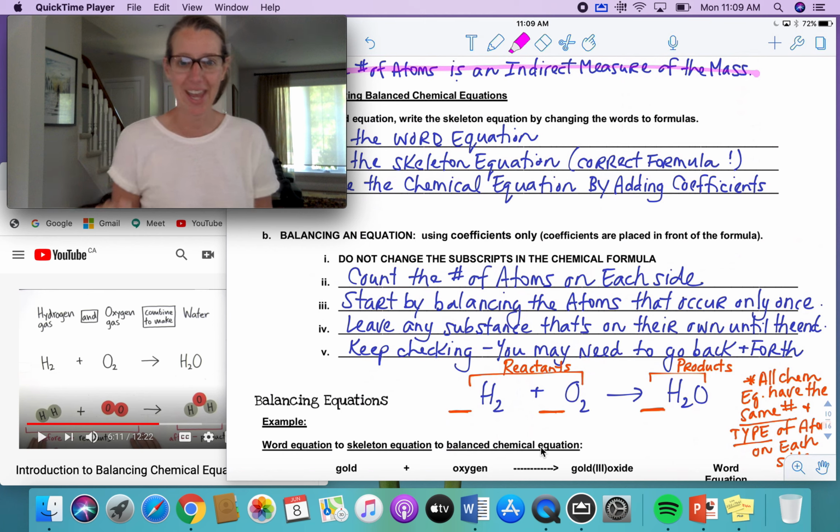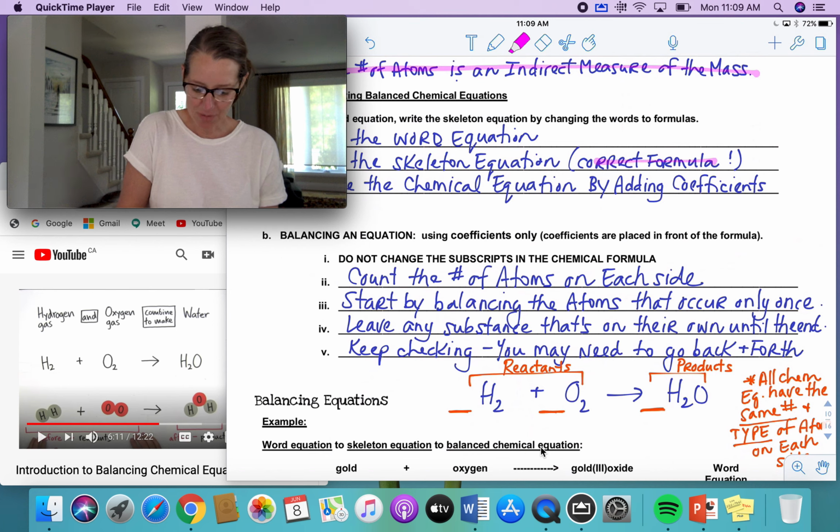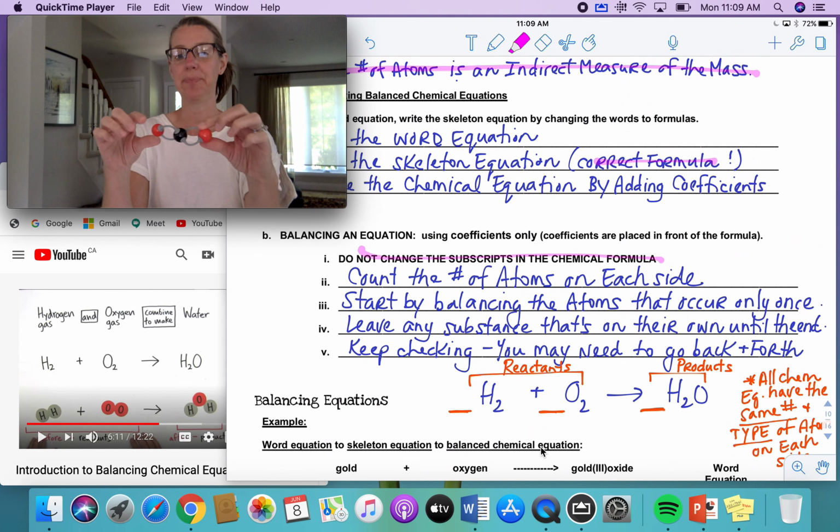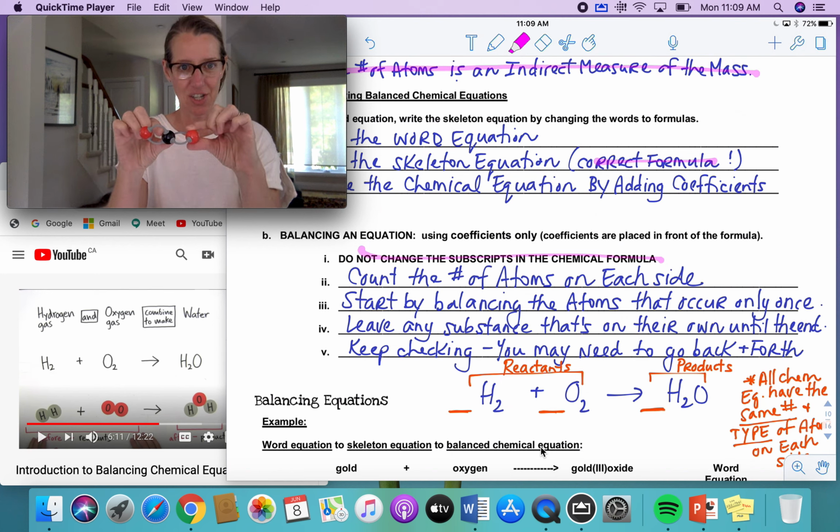That's totally okay. You have to remember that you are never allowed to change the subscripts within a chemical formula. Once you have written the correct formula, that's it. Okay? If I need more carbon dioxides, I can't just start writing C2O4. I can't do that.